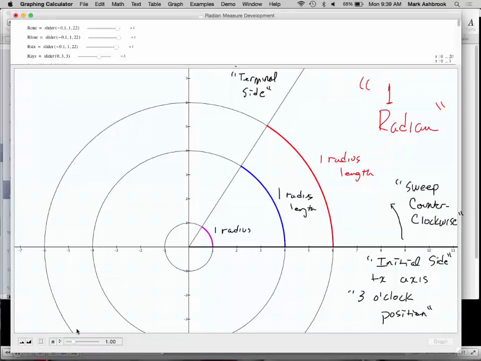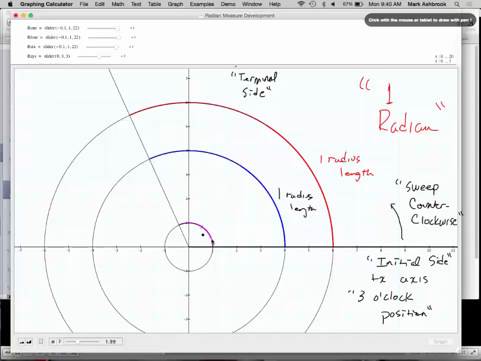If you see down here, you see here's marking off 1 radius length, here's another. So how many radius lengths is that? That's 2 radius lengths.